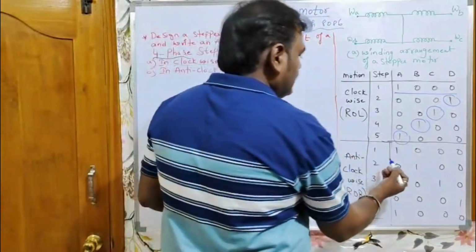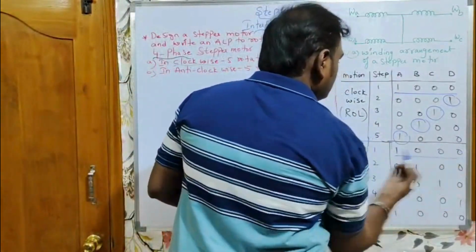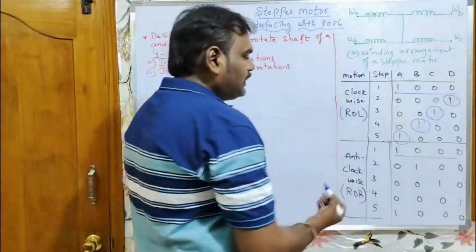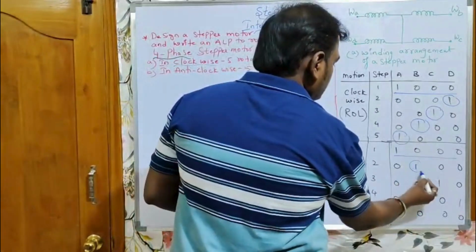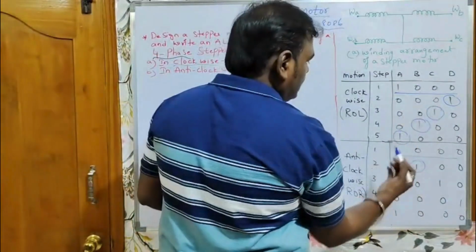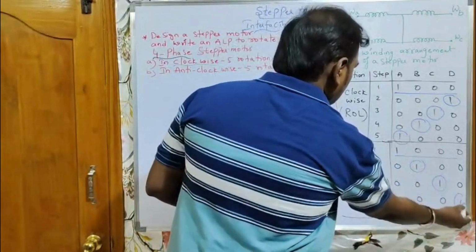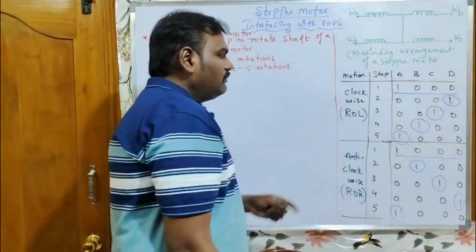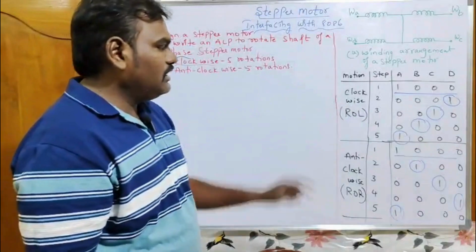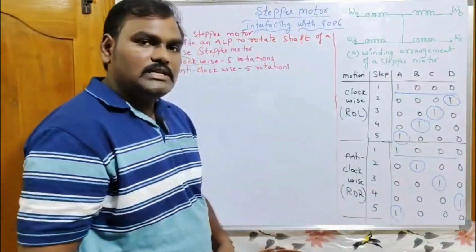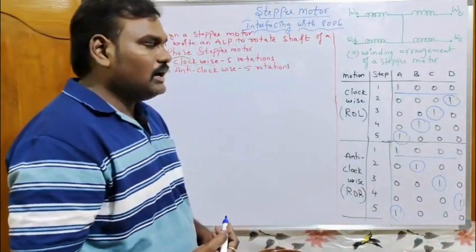In the first clock cycle I have taken the same sequence, 1000. In the second step it moves towards the right: winding D is on, then winding C, then winding B, again winding A. So for clockwise we use ROL, and for anti-clockwise we use ROR.